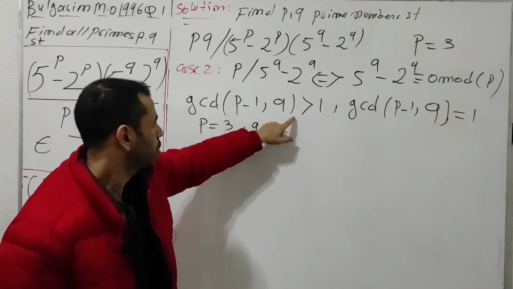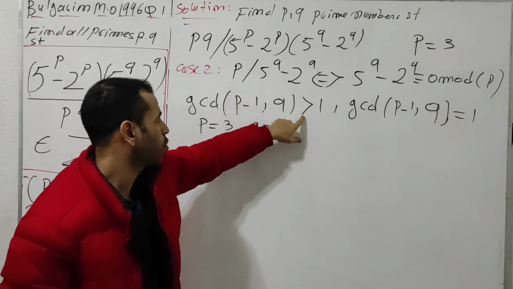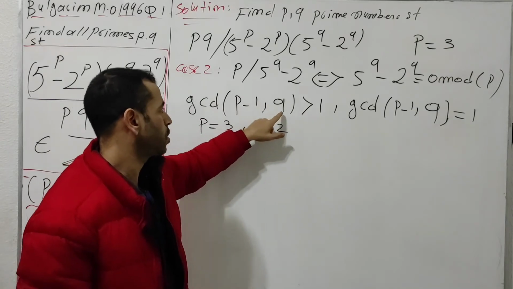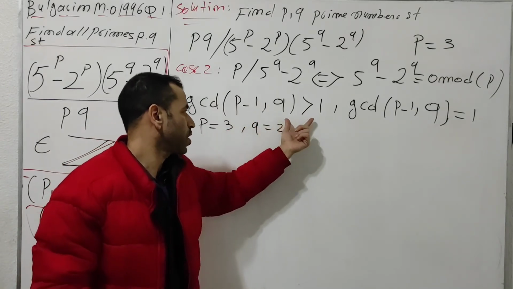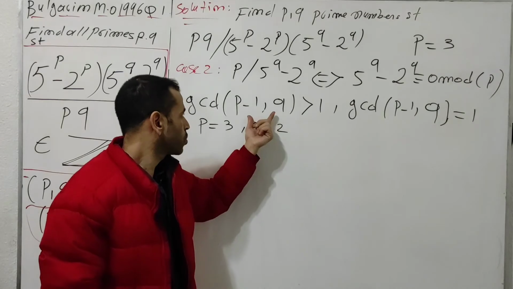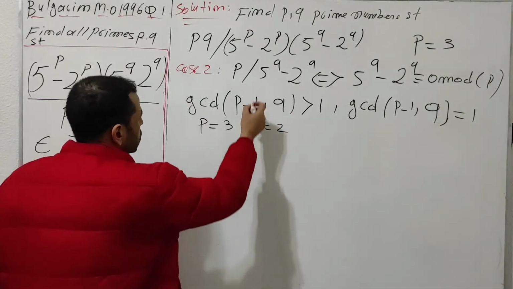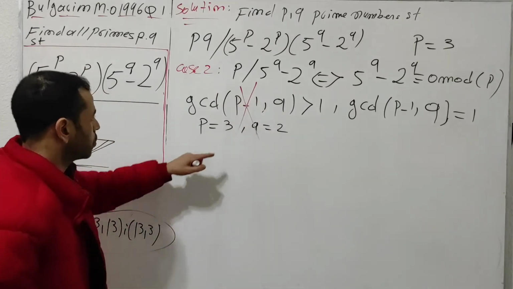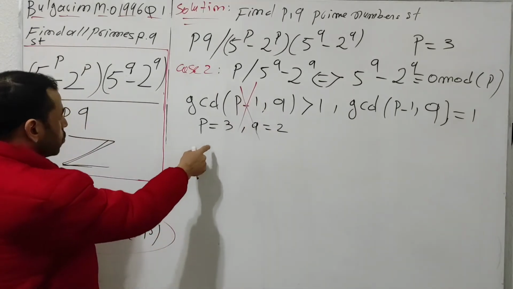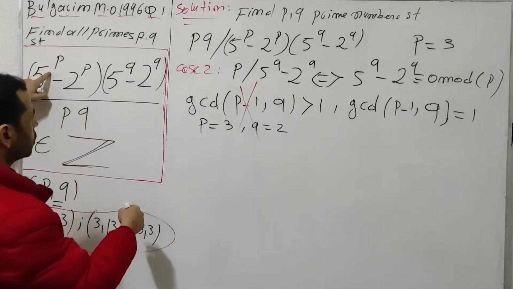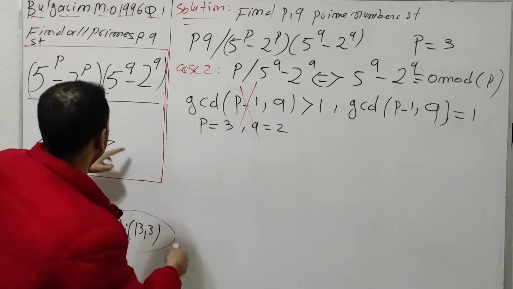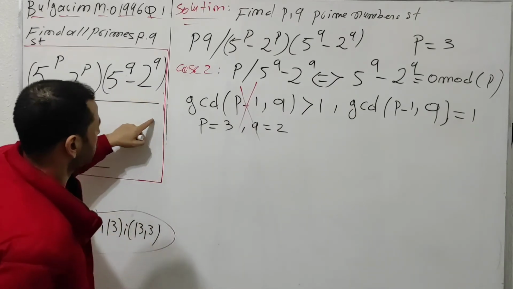That means the GCD of these two numbers is not 1, because we have the number 2 as a common divisor, so the GCD is greater than or equal to 2. So this one is not available, because when you replace p with 3 and q with 2, this becomes not an integer.